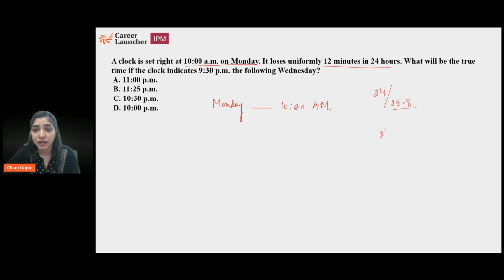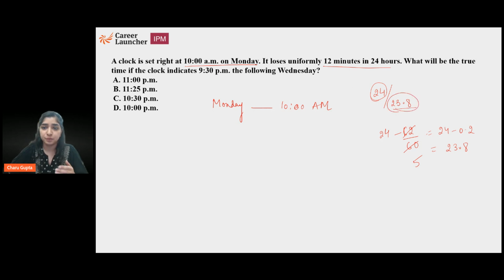I have subtracted 12 minutes from 24 hours. This is 24 minus 0.2, which is equal to 23.8. So this was the actual number of hours that should have passed, but only 23.8 has actually passed.